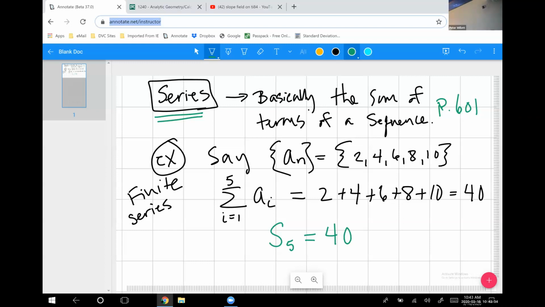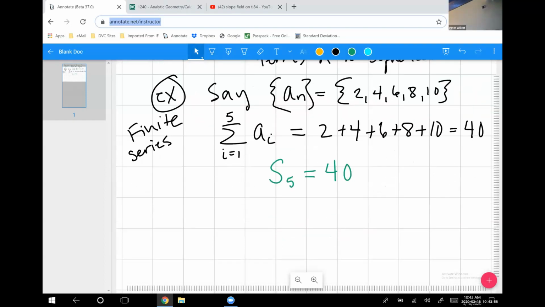So a series might be a number if you add the terms up and you get some result, or you might say that the series diverges if you don't get a number. Well, we'll have to look at that in a second. I'm getting ahead of myself a little bit. All right.